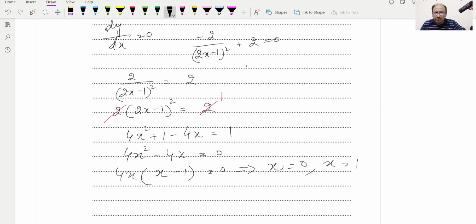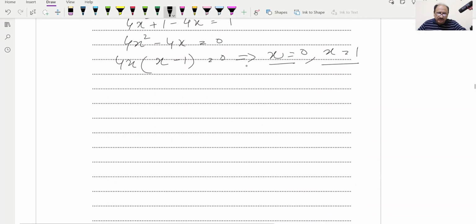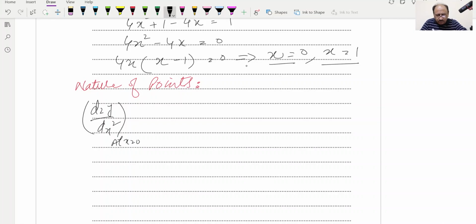So these will be the two values which we found, and after that we need to find the nature of the points. For the nature of the points, we will be taking the second order derivative, and for x equal to 0, d2y over dx squared at x equal to 0 will be equal to 8 over (0 minus 1) cubed.